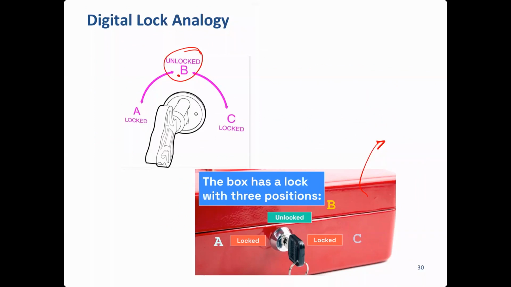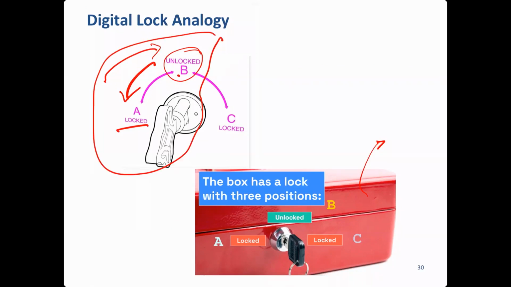When you turn this lock anti-clockwise, then it gets locked. When you move it clockwise, then it gets unlocked. Okay. So right now let's use these two positions, A and B. C we will study when we look at digital signatures.